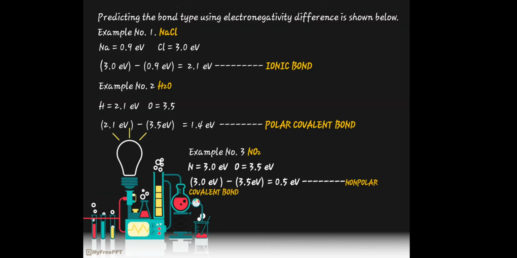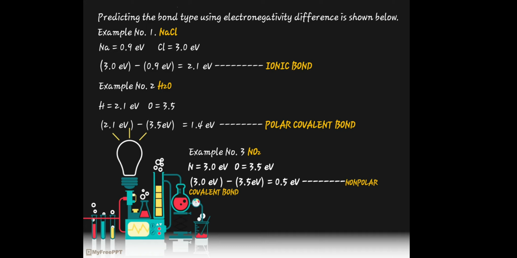So let's proceed now to the calculation part. It is very easy, because you will just subtract the electronegativity of each element in a compound. Predicting the bond type using electronegativity difference is shown below. Example number 1. What if your compound is sodium chloride?